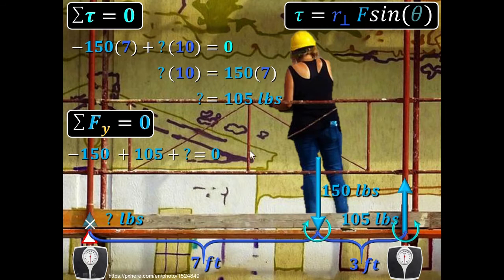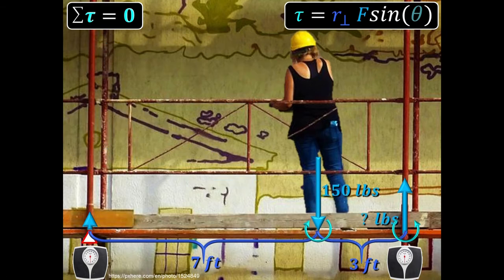It's just that gravity pulling down with 150 pounds and the scale pushing up with 105, and then whatever this is pushing up, all three of those forces added together should equal 0. So I can solve for question mark, and I would find that it was 45 pounds. So this was 105 pounds, this was 45 pounds.